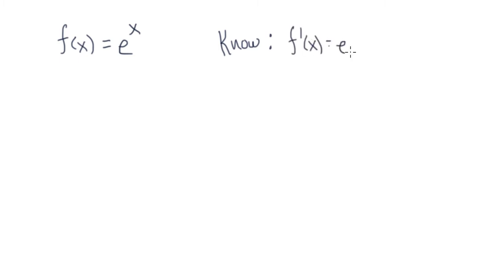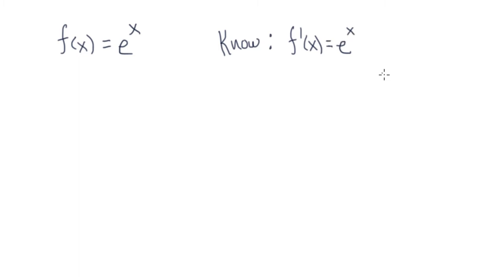Okay, so let's actually apply this inverse function formula that we have. Our first example is going to be the logarithmic function. So let f of x be e to the x. And recall that we know the derivative of e to the x is just e to the x.